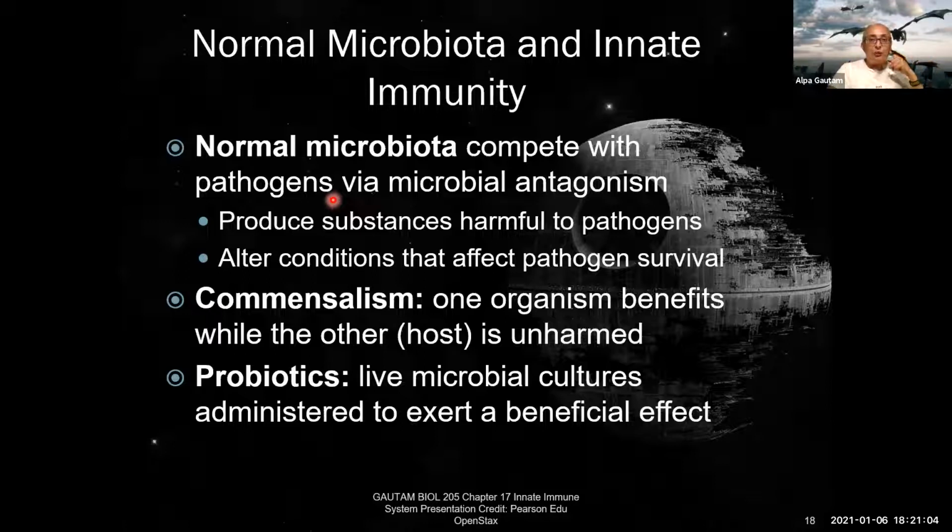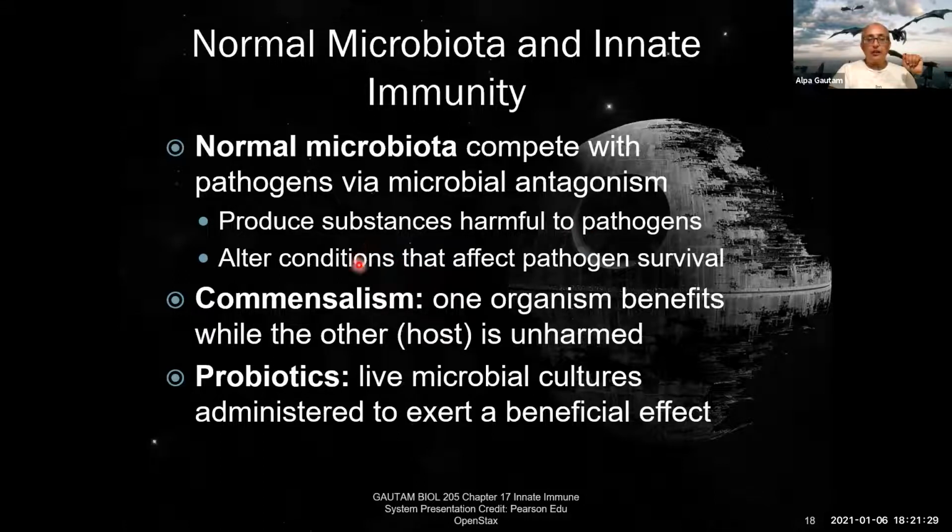Okay, so normal microbiotas compete with pathogens via something called microbial antagonism, which is exactly what I've explained. So what they do is, again, these microbes will produce substances that are harmful to the pathogens and harmful to other microbes also.